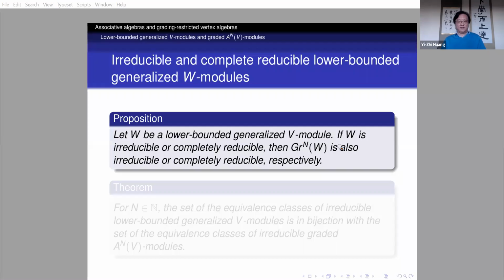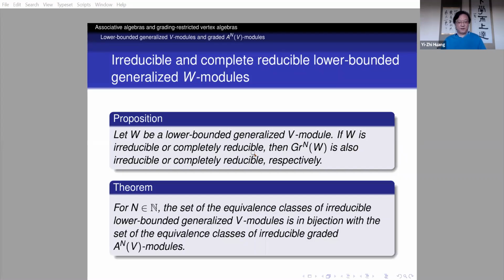That's easier, because certainly it should be true, since W being irreducible or completely reducible is usually stronger. Now in this case we can also derive that the set of equivalence classes is in bijection. Certainly, for Zhu algebra this is a special case. That's the case of n equal to 0. So this is the theorem for which we do not need any additional condition.